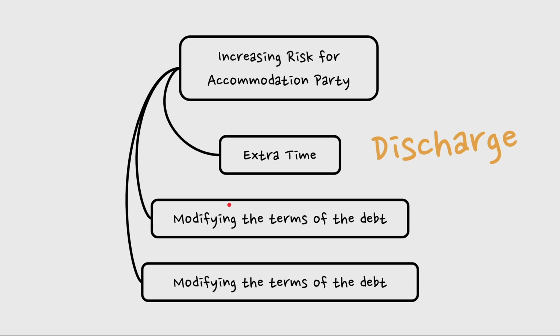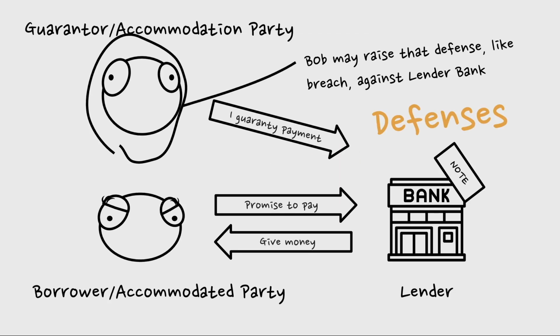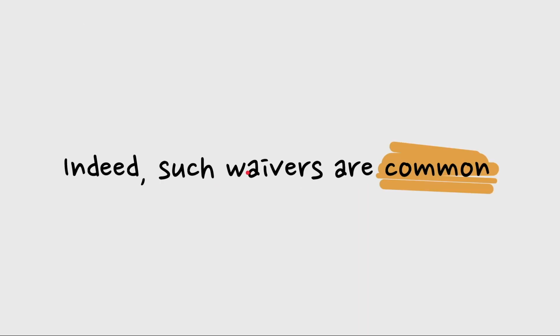The lender could require that the accommodation party, the guarantor here, waive these grounds for discharge. They could also say you've got to waive being able to raise the defenses of the borrower. So those two things, those are what could be waived.